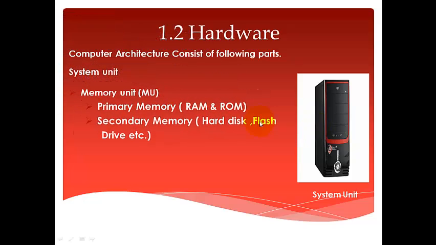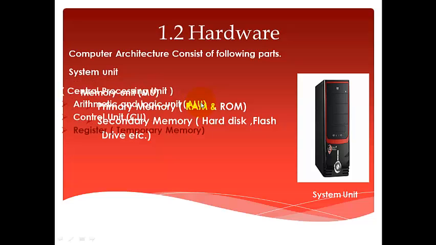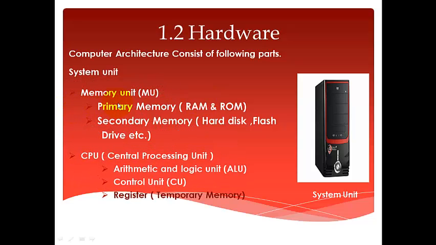In the system unit, first we have the memory unit. The memory unit is also called MU, where memory is used to store data. Whenever we want to store data, we need memory. It may be permanent memory or temporary memory. So the memory unit is an area where we can store data. There are two types of memory units.